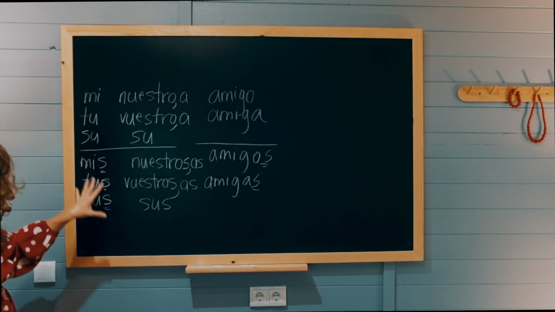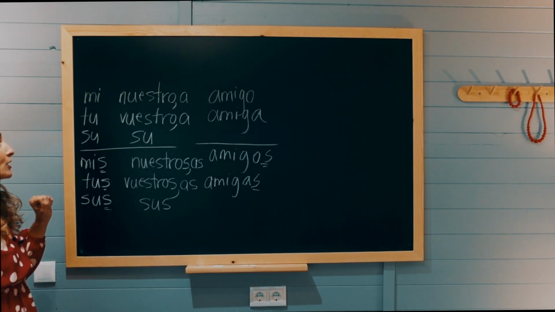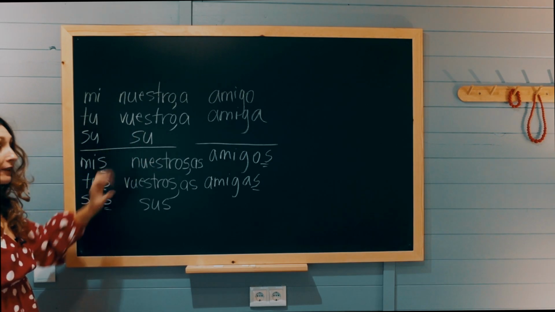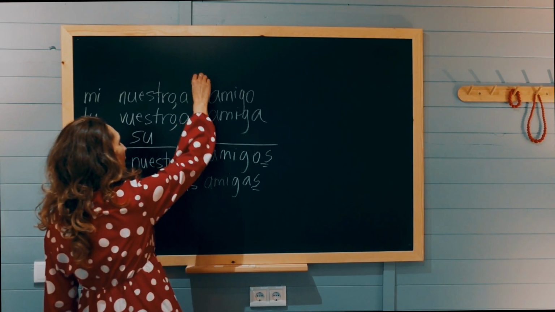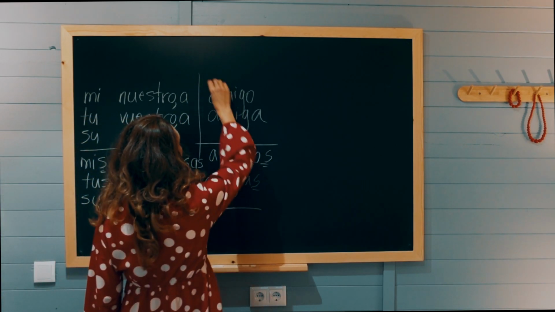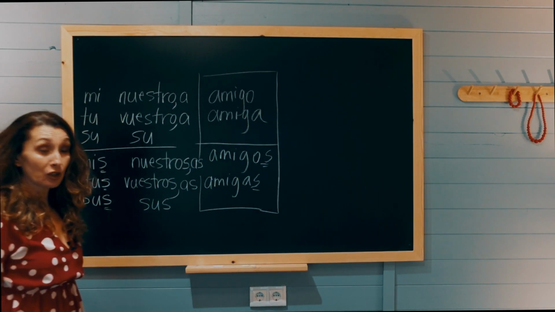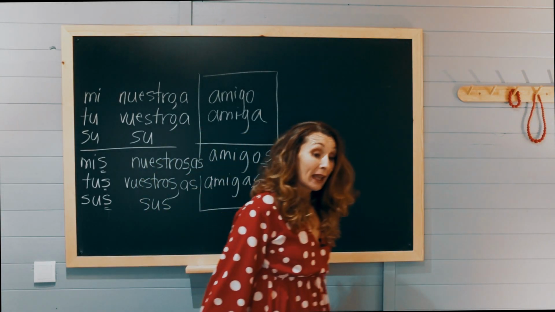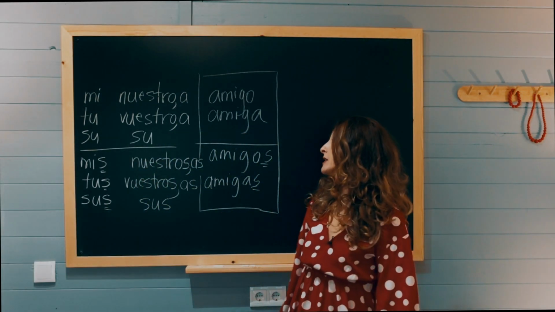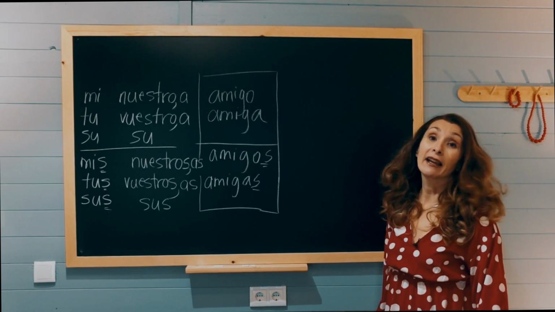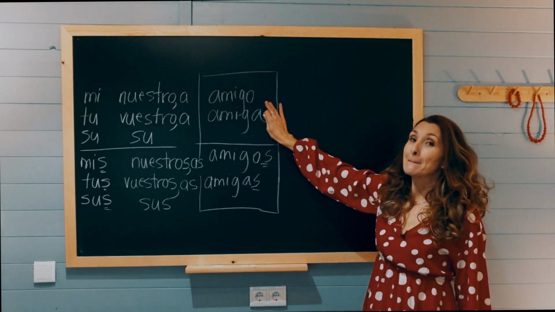So we have the possessive adjectives in front of the noun, okay? We had the noun and the possessive adjectives in front of it. Just like in English, in Spanish as well, we can say a friend of mine.